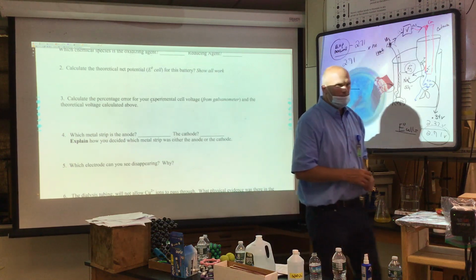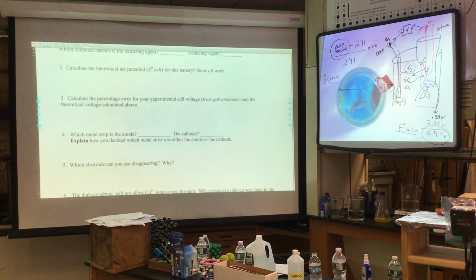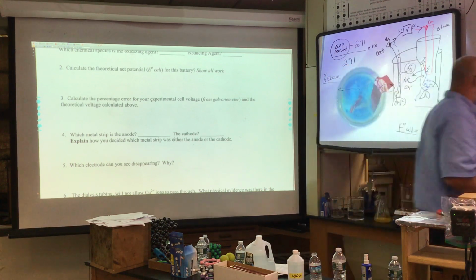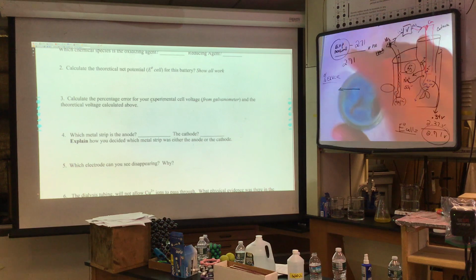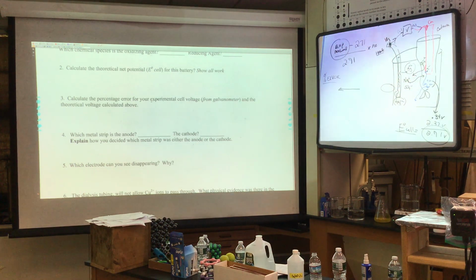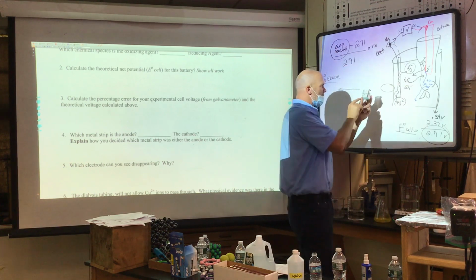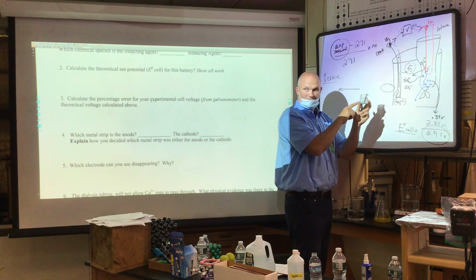Well, the one disappearing was the one that was fizzing. Okay, now I've had this one for a couple of days now, but what I will tell you is, when you look at it from the side, I know you can't see, the magnesium kind of fell in because the rest of the magnesium's gone.